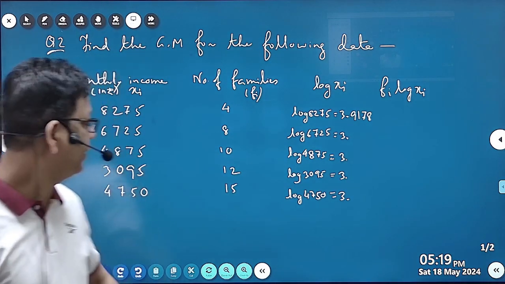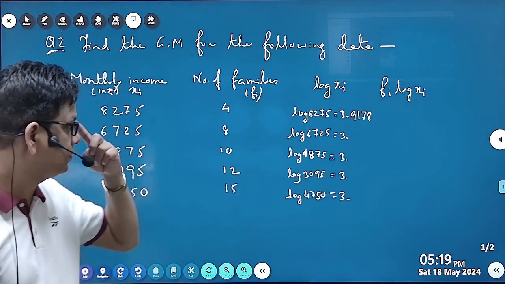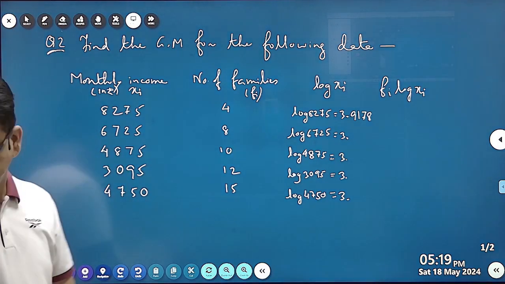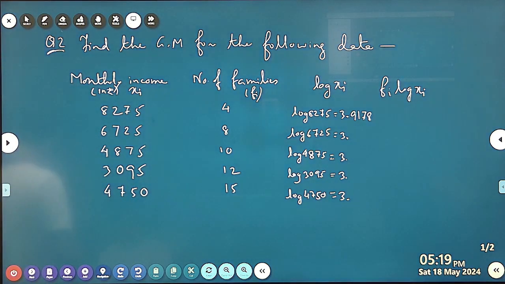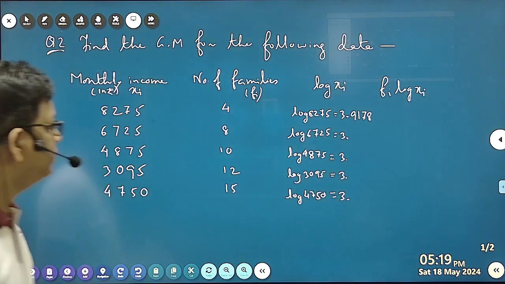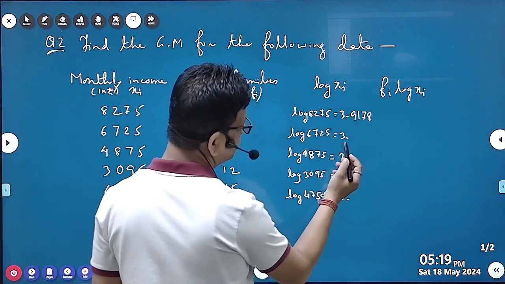So find similarly all the logs of these numbers. You also multiplied, right? So can you tell me the values? 3 point, this second one?